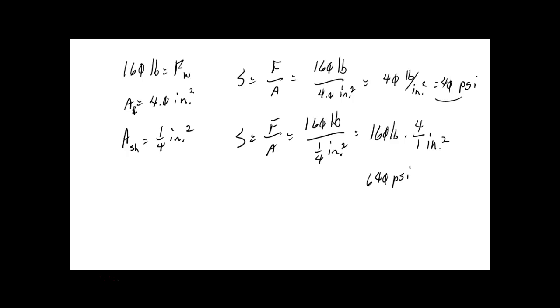And by the way, this 0 is significant here. That one's not. Okay? So you go from 40 PSI to 640. That's the multiplied effect of 16 times. Okay? So you see the pressure or the stress is much, much greater on the tiny.